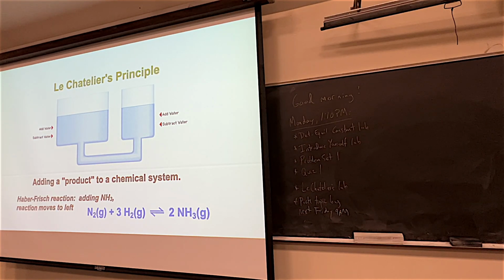In the chemical world, the analogy is if you added ammonia, the product, the product is going to break down a little bit and make more N2 and H2 to reestablish equilibrium. So again, adding something, it moves to the opposite side. We added a product, the reaction shifts to the left, to the reactant side.